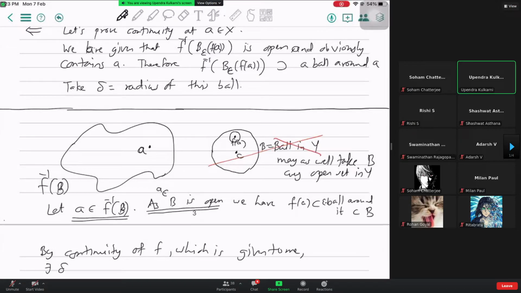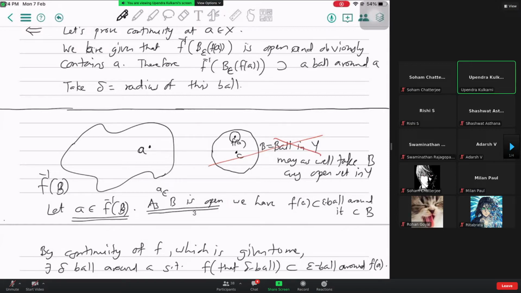There exists a delta ball around A such that f of that delta ball is in the epsilon ball around f of A. But that's exactly what we wanted to show, right? Oh, sorry, that there exists a delta ball.